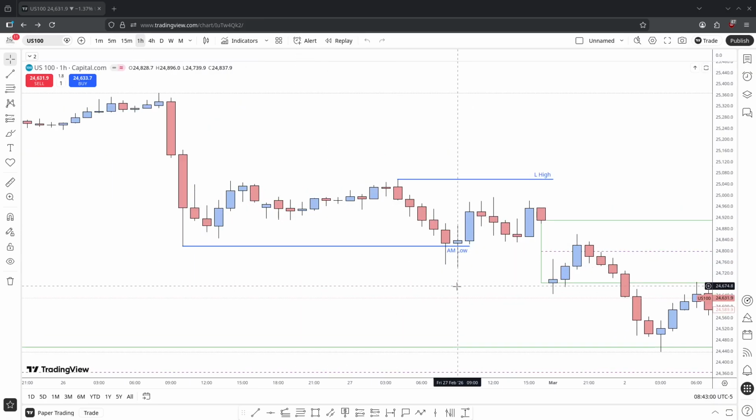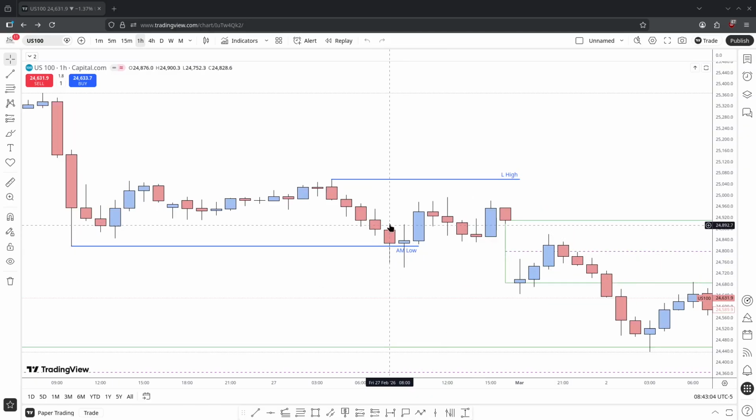We traded into this AM low. Obviously, we didn't get that closure with the move higher, so we had to wait. In the next candle, we did get that rejection and the close higher, which then means that at 10 a.m. we can go in looking for longs.